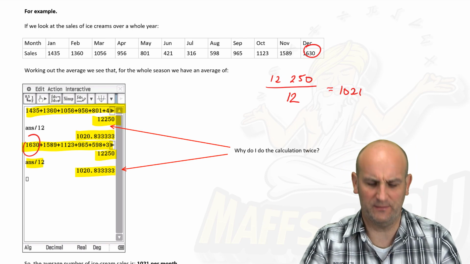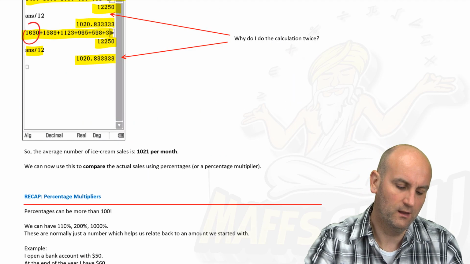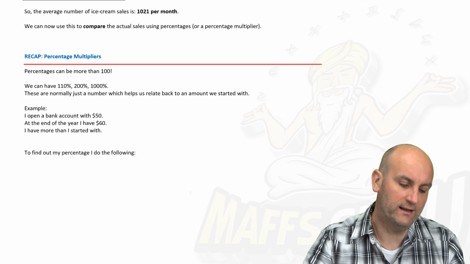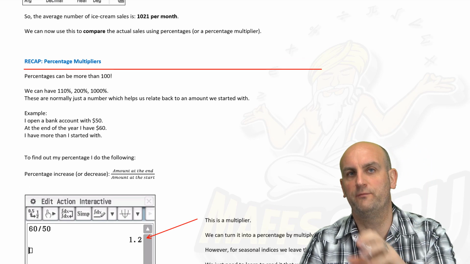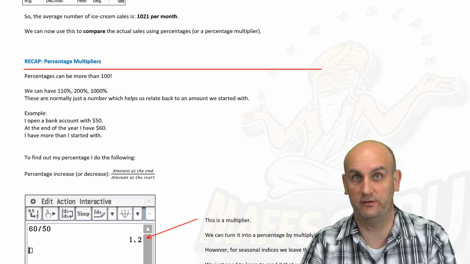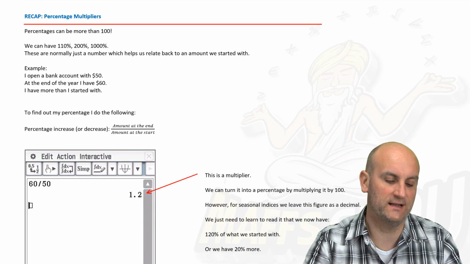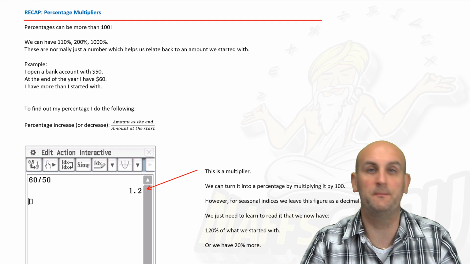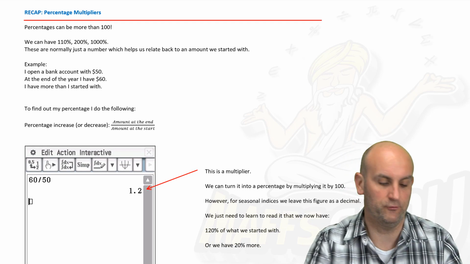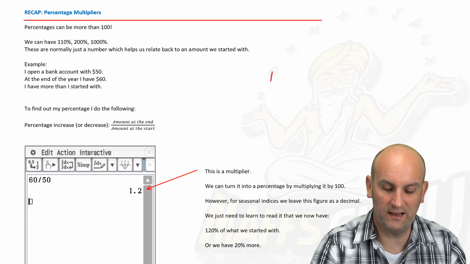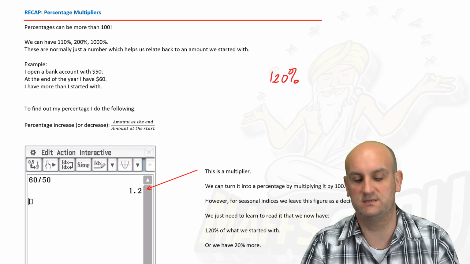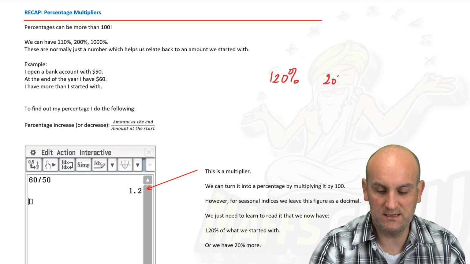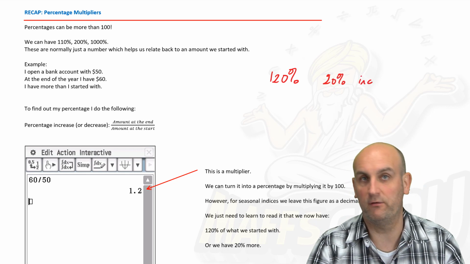Seasonal indices? What are you talking about, seasonal indices? So we are now going to use that 1021 value to compare all of my other sales figures to that figure there. But first thing I want to do is go back to the idea of percentage multipliers. Now remember, percentages can be more than 100. If I have 120%, that just means I've got 20% more than I started with, or a 20% increase on where I started.